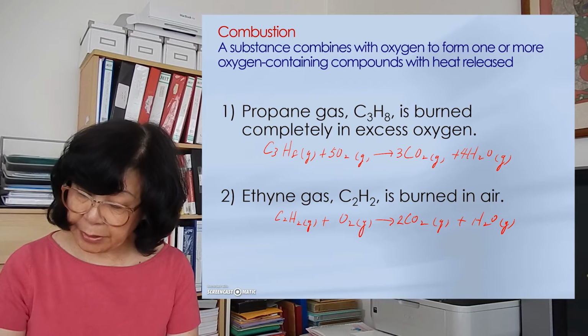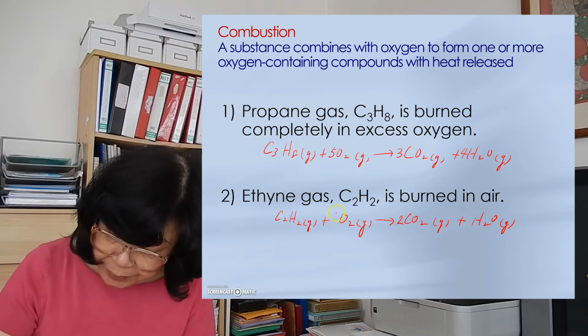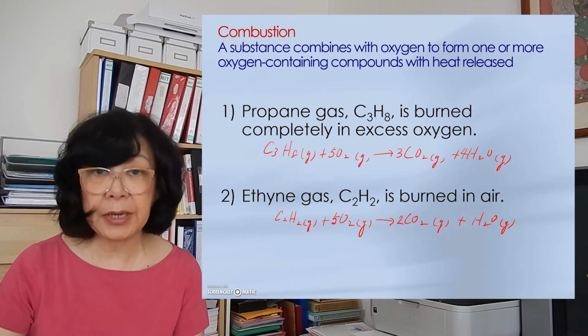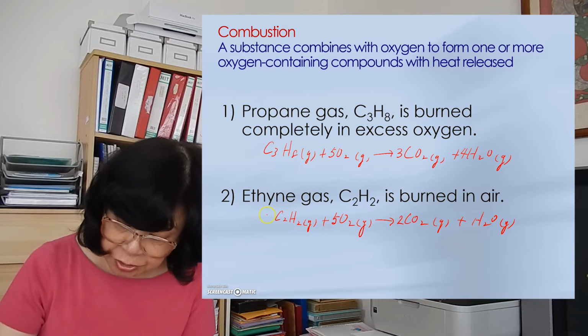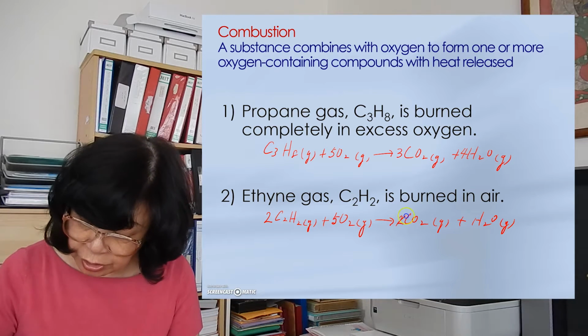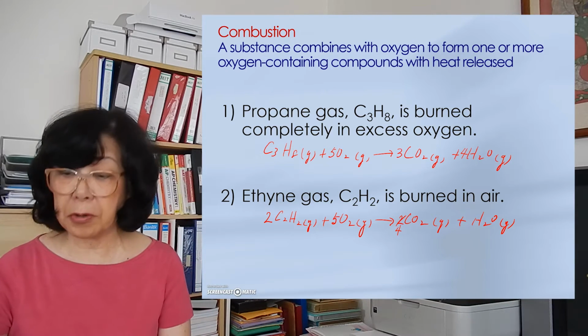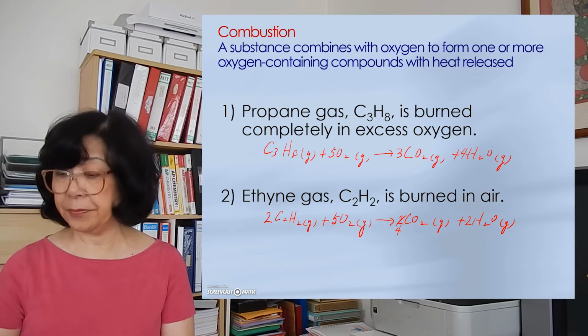The hydrogen is already balanced, so now I have a total of 5 oxygen atoms. So I go ahead and multiply the oxygen O2 by 5, but because it's diatomic, I need to double everything, so I go back and insert a 2 in front of the C2H2, change the CO2 to 4 moles, and insert a 2 in front of water.